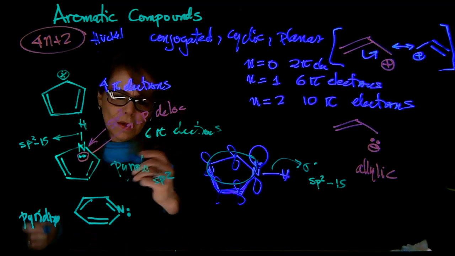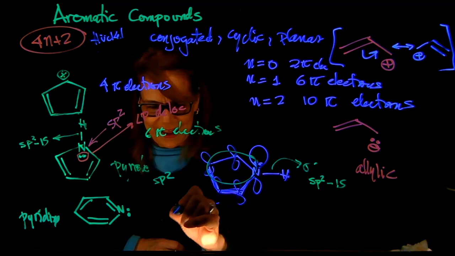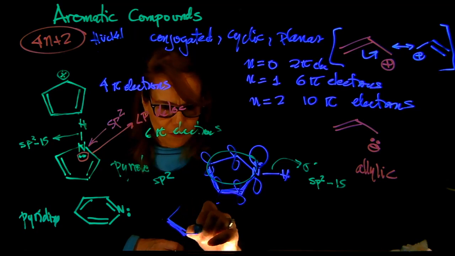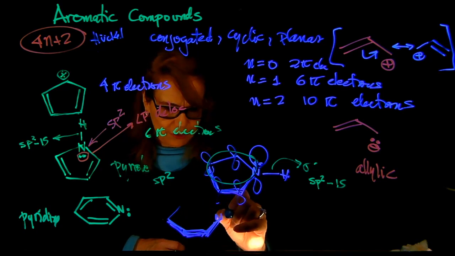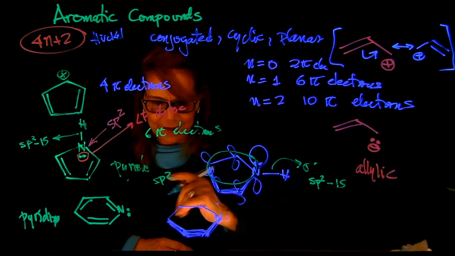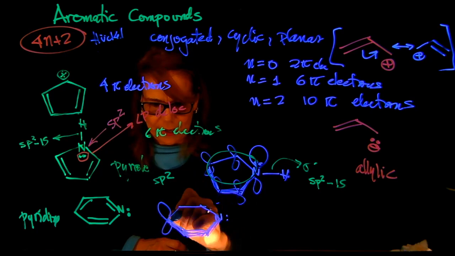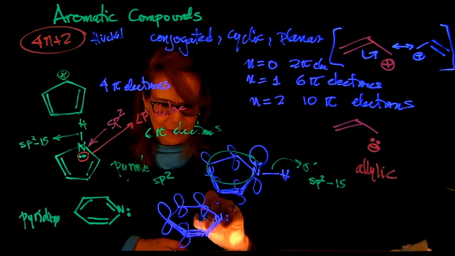However, let's do another drawing similar to that, drawing it in the plane perpendicular to the board like that. That's why I'm using wedges. You will have unhybridized p orbitals.